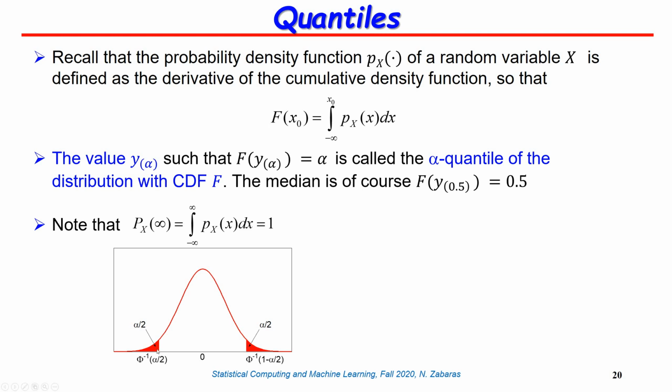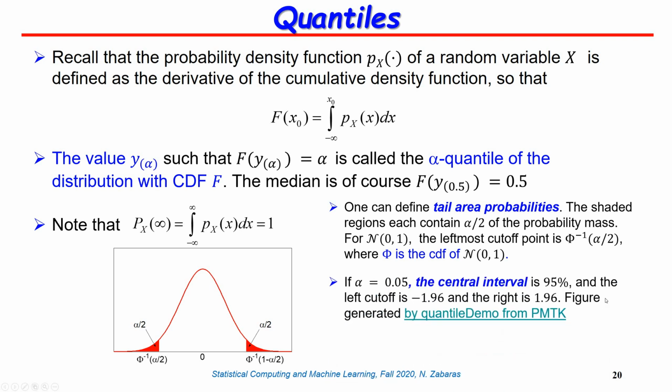Again, alpha over 2 are the areas under the PDF in the two tails. This area is alpha over 2 and this area is alpha over 2, so the area in between those two tails is 1 minus alpha.